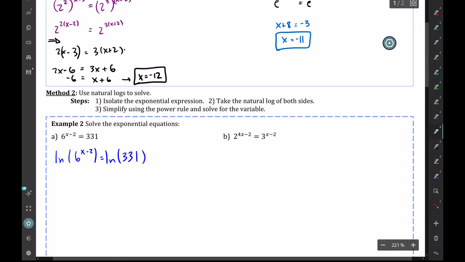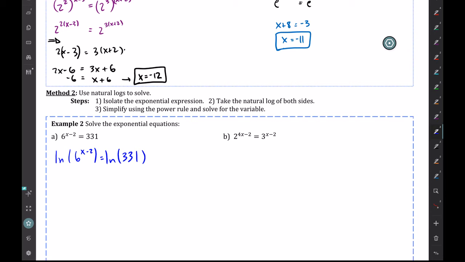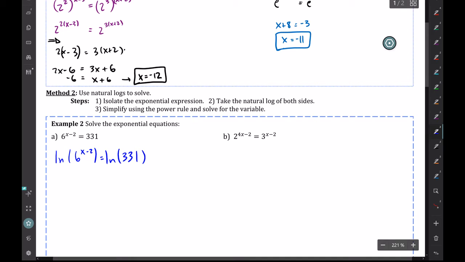Okay, so you should get ln of 6 to the x minus 2 equals natural log of 331. And then using the power rule, this becomes x minus 2 times natural log of 6 equals natural log of 331. Again, that was using the power rule, so what we did there is we took the exponent and brought it out front of the log.